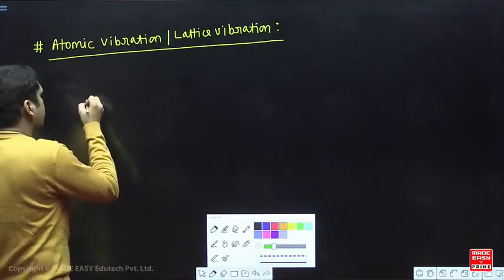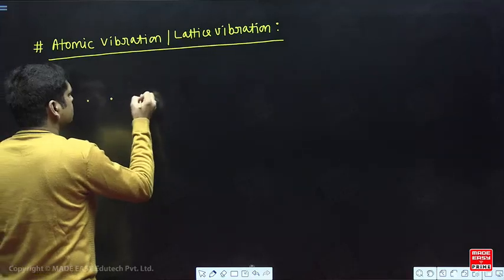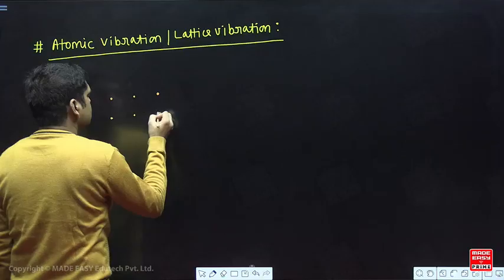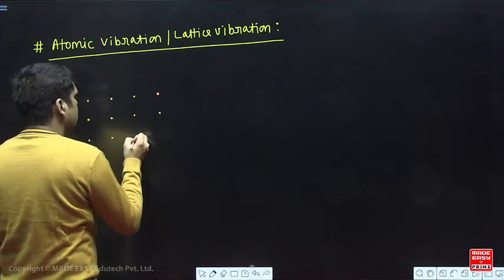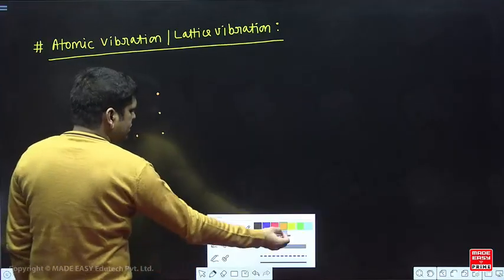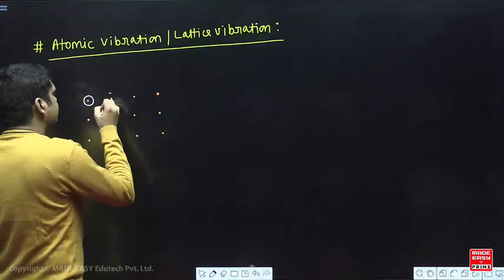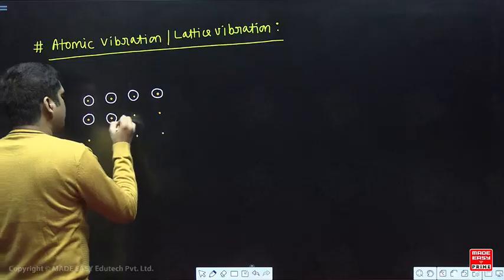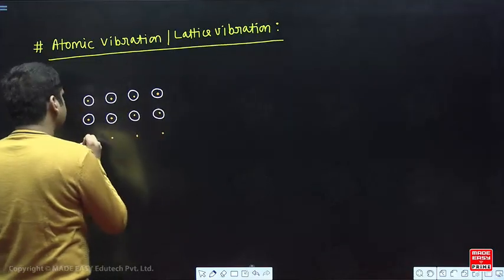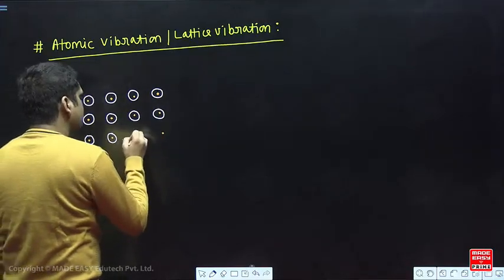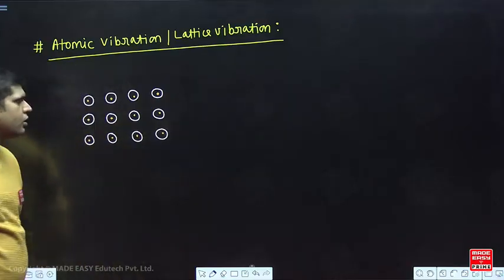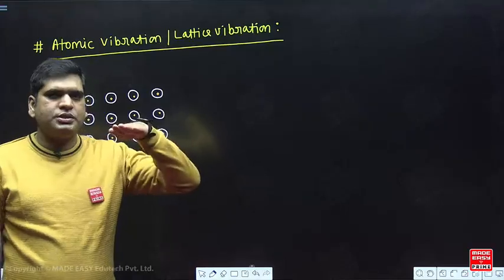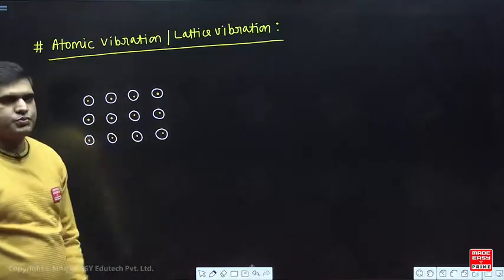Suppose these are the lattice points, and on each lattice point there is an atom. So it is perfect or ideal crystal structure. Each atom is at its lattice position. If we are at 0 Kelvin, then these atoms are exactly at the lattice point.